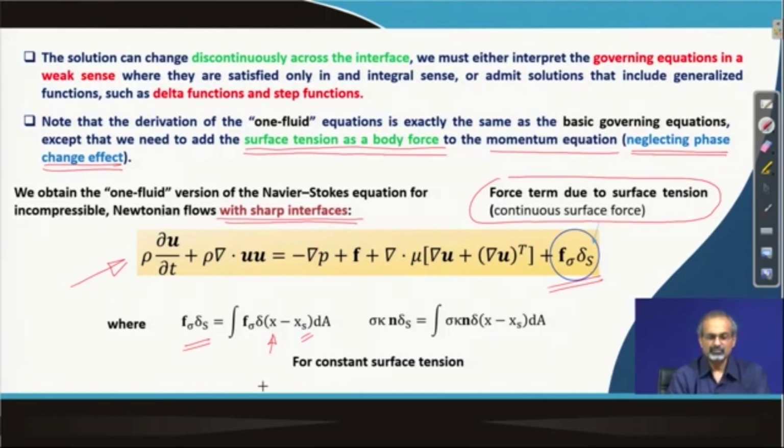So, as long as you lie anywhere on the interface, this term will become active, and you are essentially integrating over an elemental area as you go along the interface, and you are considering that the surface tension is essentially constant, and that is what makes the representation of F sigma simpler in the form of only sigma k n, which we have discussed earlier. So, the constant surface tension is therefore an assumption here.